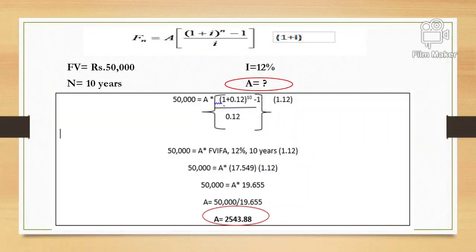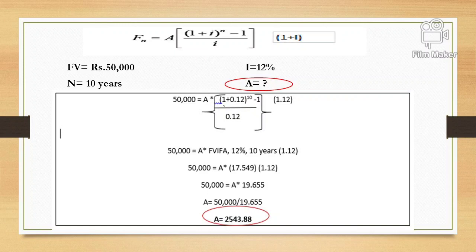So here is the solution, and this is for annuity due. If it is an ordinary annuity, we can write the formula as annuity multiplied by (1 plus rate of interest) to the power n, where n is the number of years we are saving, minus 1, divided by i.